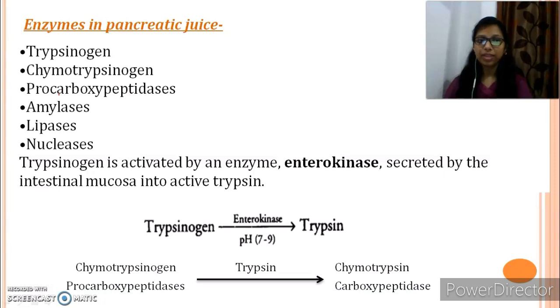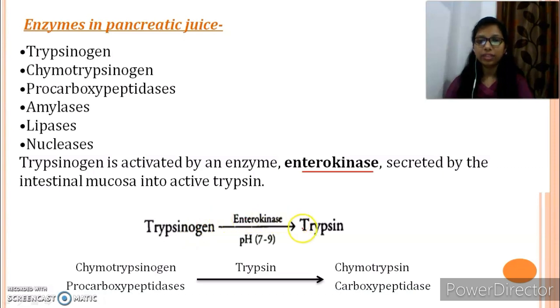Okay, then the trypsinogen will be converted into its active form, which is the trypsin, with the help of an enzyme enterokinase, which is secreted by the intestinal mucosa. Okay, trypsinogen, which is an enzyme of pancreatic juice, it is an inactive enzyme.